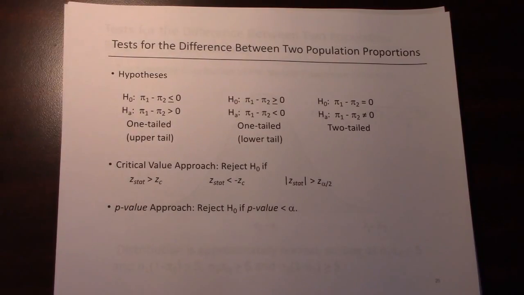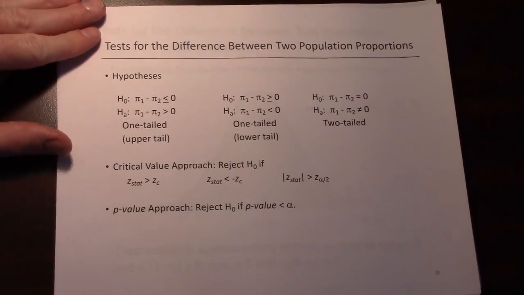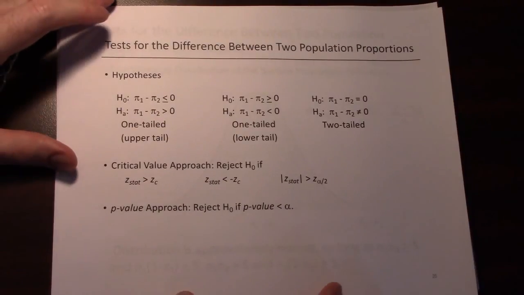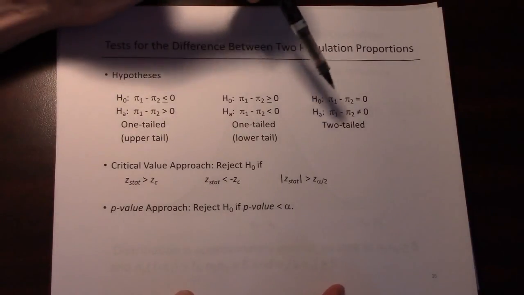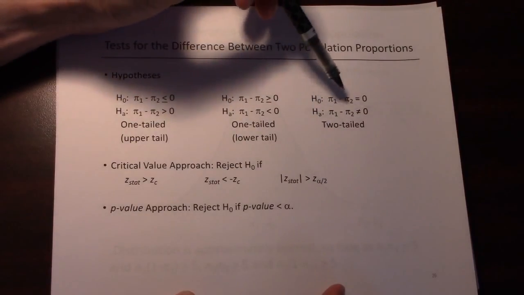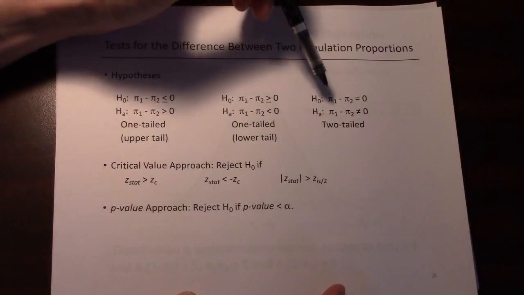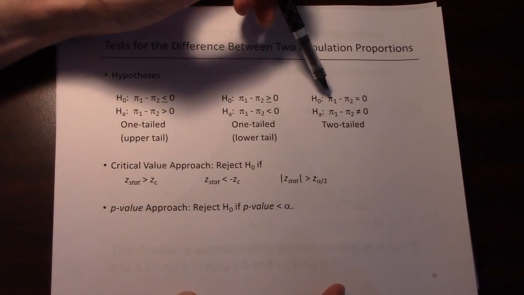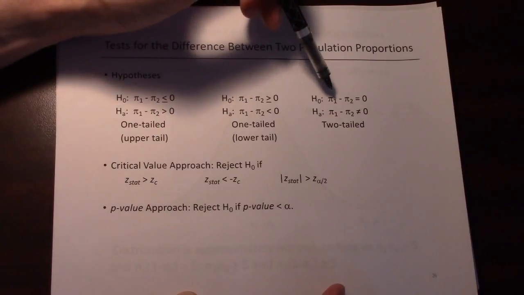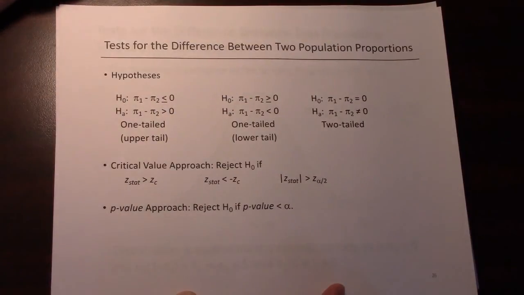Alrighty, so here we are with the last topic, test for differences between two population proportions. Let me go straight to the two-tailed test. Suppose someone tells us that there's no difference between one population proportion and the other population proportion, so when we subtract one from the other we get 0.